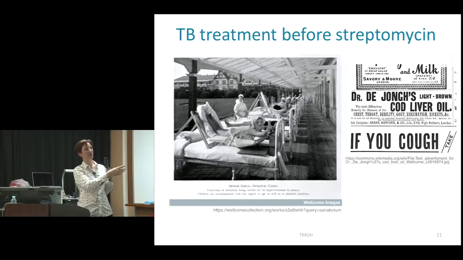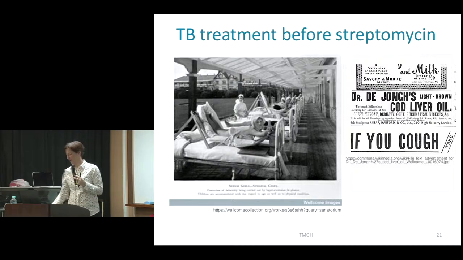So before streptomycin, part of what TB treatment used to consist of in Europe was making everybody go outside in the sun because they felt that sunlight and fresh air was good for you. And they were right, because vitamin D is important and you're going to make it. And the fresh air was good because in a closed environment, you're just more exposed to the bacteria.